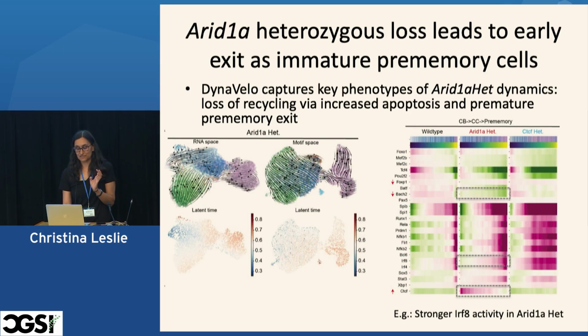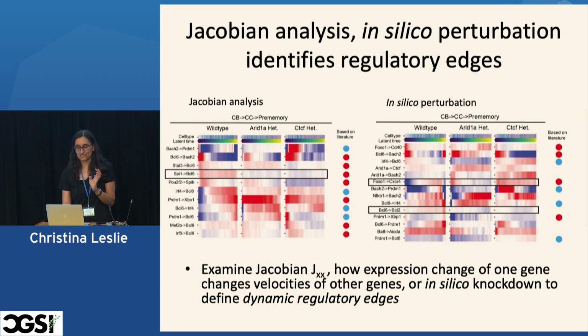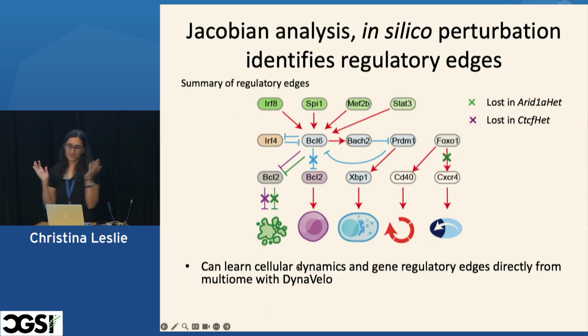And I'm just going to end with this one slide. Sorry, I should maybe have shown you this earlier because it's the newest thing, but we can actually learn all the interactions that are known in the literature, the transcription factor-target interactions, just from this modeling.